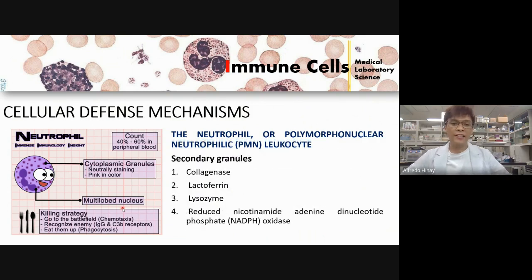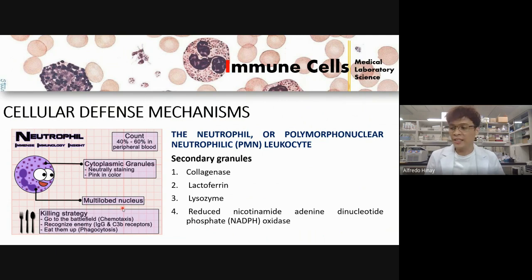And then for the secondary granules class, you have your collagenase, you have your lactoferrin, you have your lysozymes, then you have your NADPH or reduced nicotinamide adenine dinucleotide phosphate oxidases. Okay, so with the secondary granules, for example, lysozymes is a good antimicrobial or antibacterial activity.